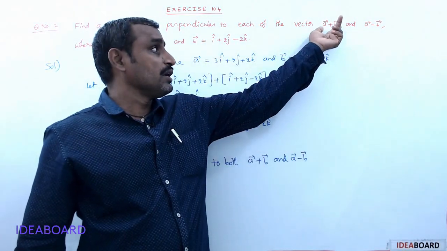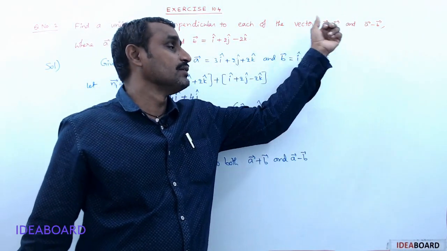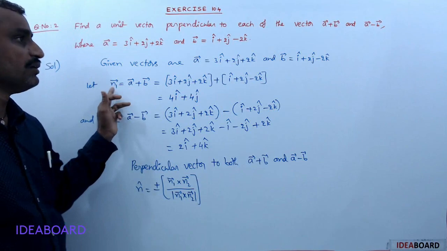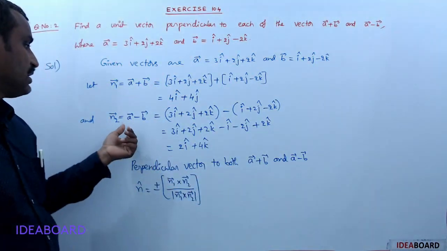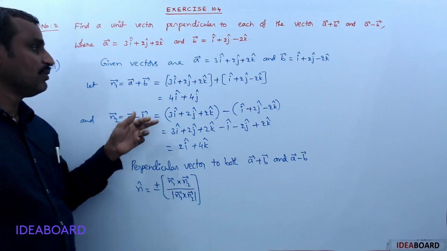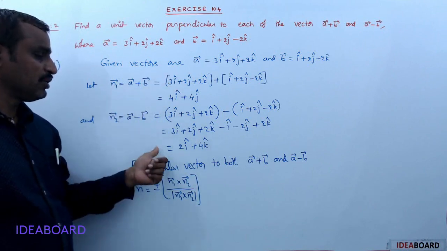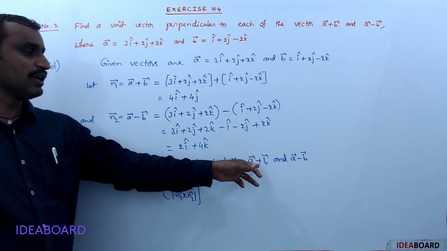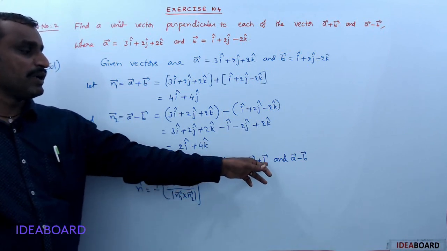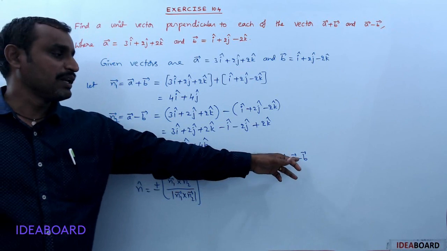A bar plus B bar we are considering as n1 bar and A bar minus B bar as n2 bar. After finding the n1 bar and n2 bar vectors, we can calculate the vector perpendicular to both A bar plus B bar and A bar minus B bar.